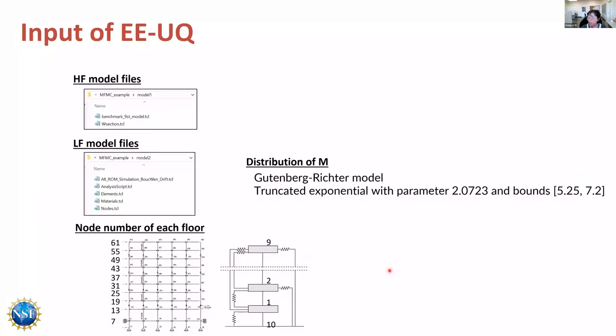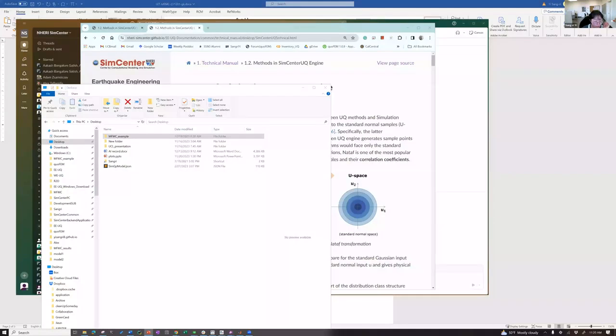So I want to now move on to the live demo part of our presentation, using the EE-UQ tool. This is our user interface you can see once you launch the software.